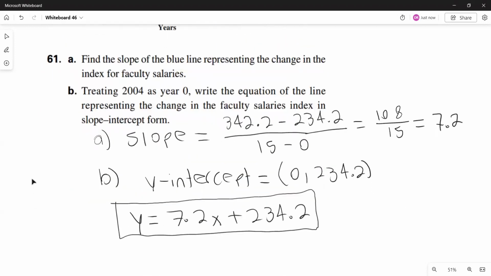Okay, and I'm doing one more example. Number 76, comparing food plans.